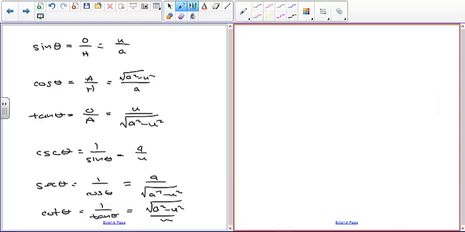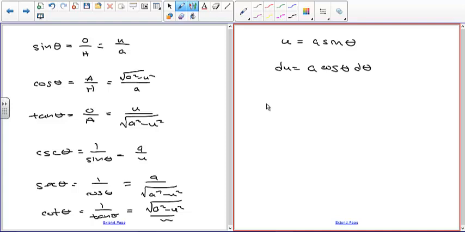And so to do that, we take the first substitution and we solve for u. So u would be equal to a times the sine of theta. So if I wanted to get du, that would be equal to a times the derivative of the sine, which is the cosine, d theta. So if I'm using u substitution, I can use this to replace du just by taking the derivative of that and then multiplying by d theta, which is the variable, instead of x.